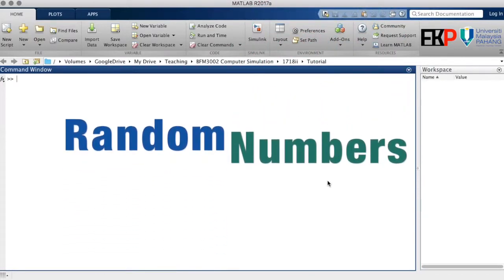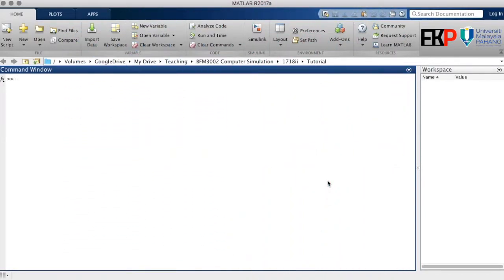Now let's go to the generation of random numbers. There are a few commands that we can use to generate random numbers. The first one is rand. If we type in rand, MATLAB will produce a random number between 0 and 1. So the random number produced is larger than 0, but it is smaller than 1.